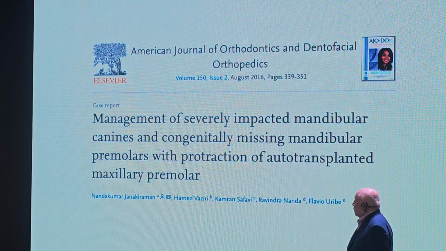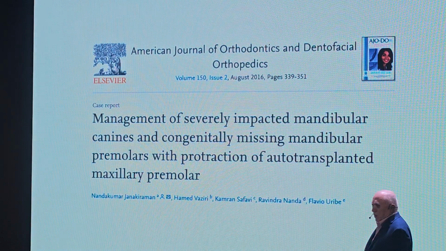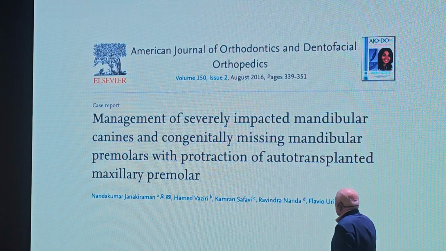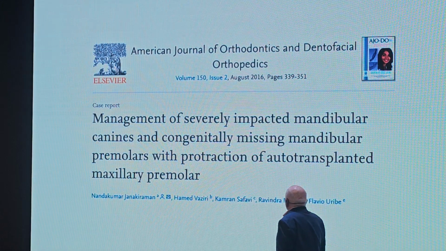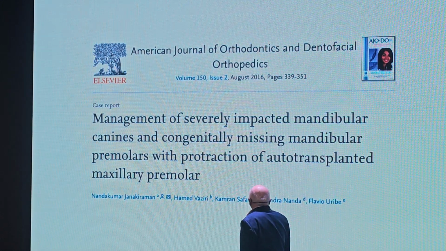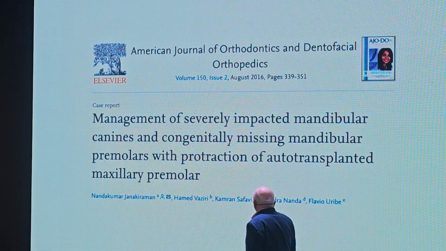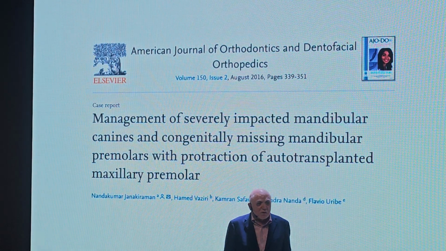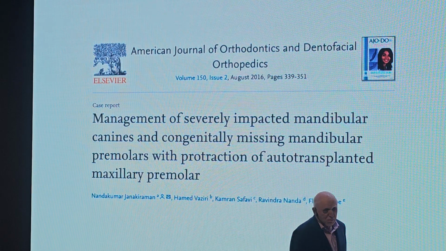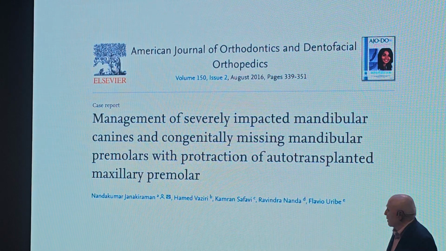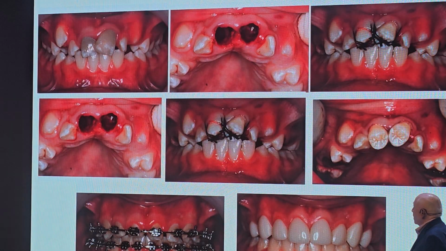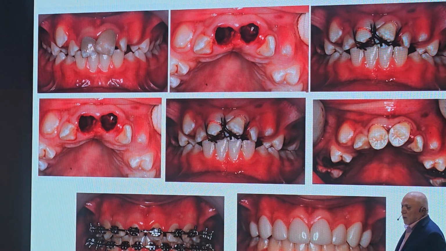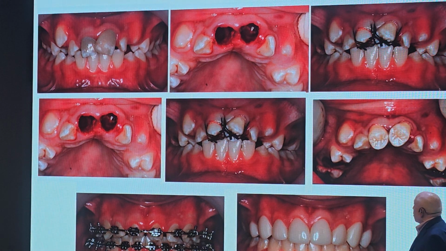This is a case we actually published quite a few years ago. Management of severely impacted mandibular canines and congenitally missing mandibular premolars with protraction of transplanted maxillary premolars. So you can see the front 2 teeth were completely gone.